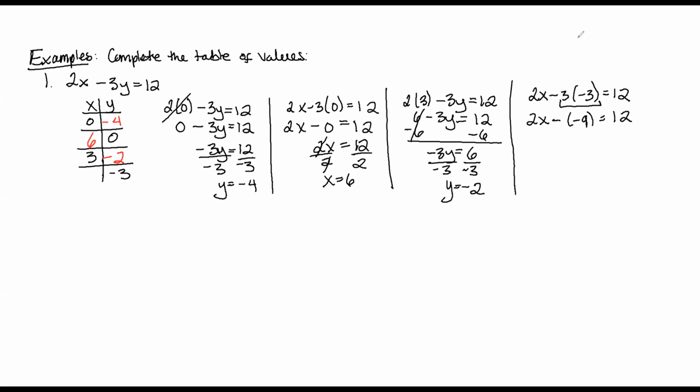But I'm just going to add the opposite and then rewrite it. So this is 2x plus 9. You never really want to leave it as minus and negative in an equation when you're trying to solve, just because it makes it kind of hard. You're like, do I add? Do I subtract 9? Writing it like this is a lot clearer with what you have to do. So we need to subtract 9.